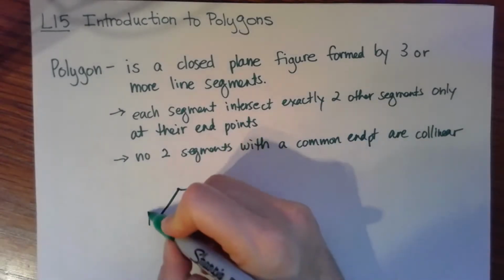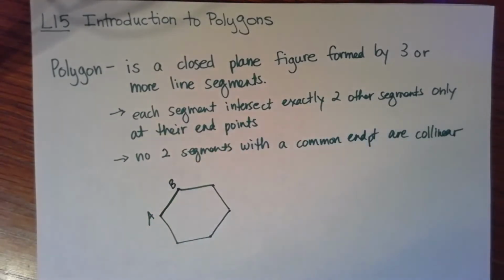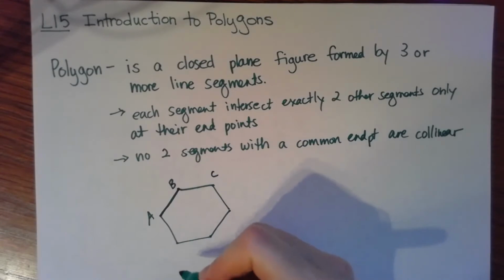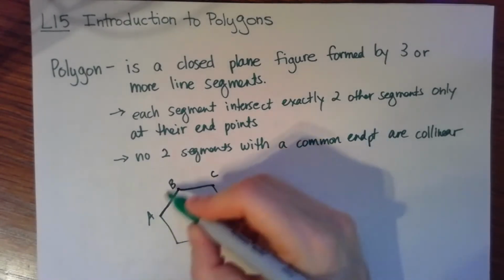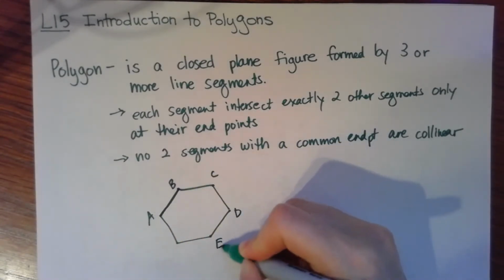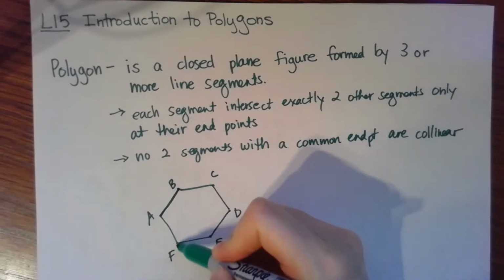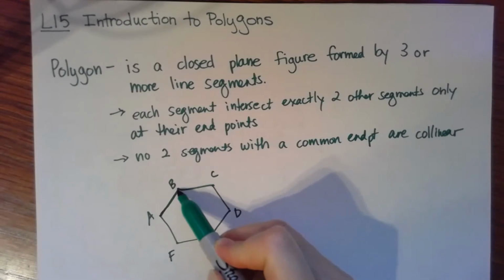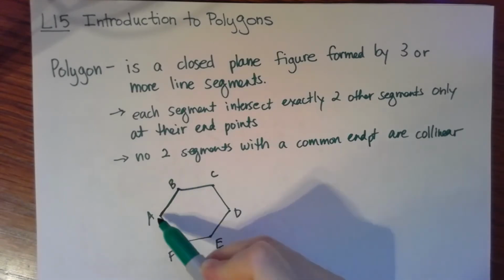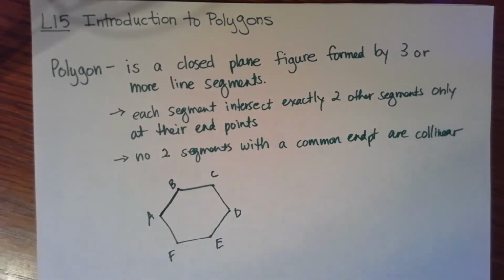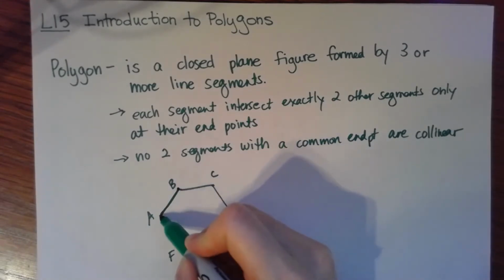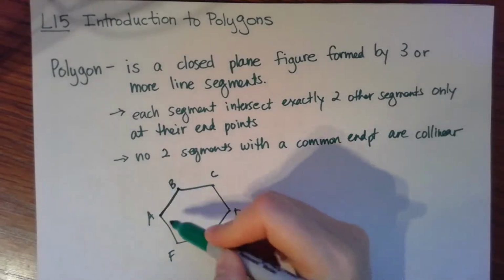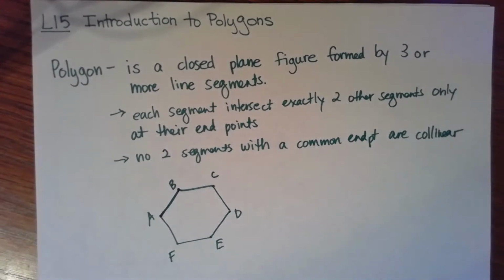So segment AB intersects BC, and it also intersects AF. So AB only intersects exactly 2 other segments, BC and AF. And when they intersect, it's only at their endpoints. So they don't cross each other somewhere off in the middle someplace. Just only at their endpoints.